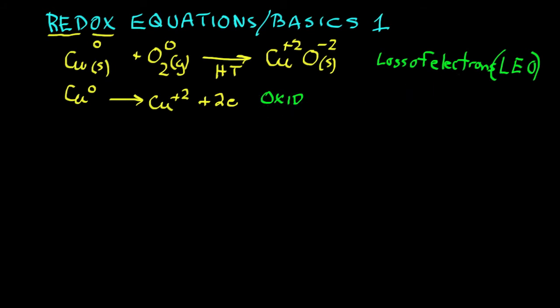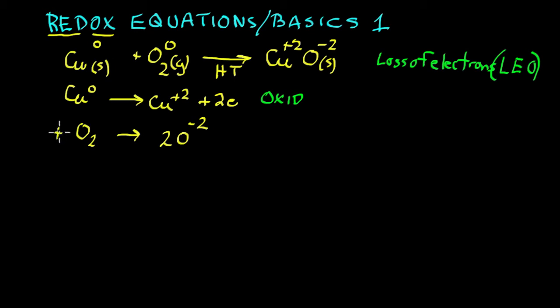The oxidation happened because of oxygen. And let's see what we have with oxygen. Oxygen became oxide ions, so we'll write the oxidation number as -2. And they gained negatives.